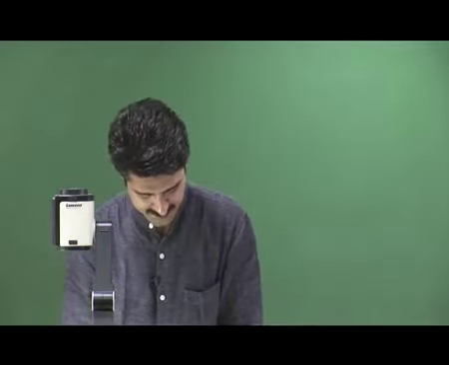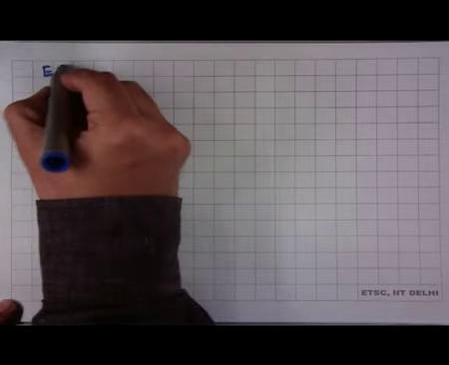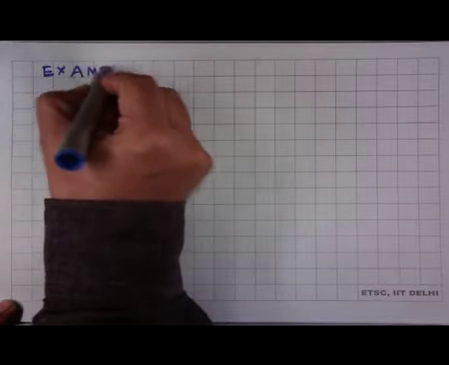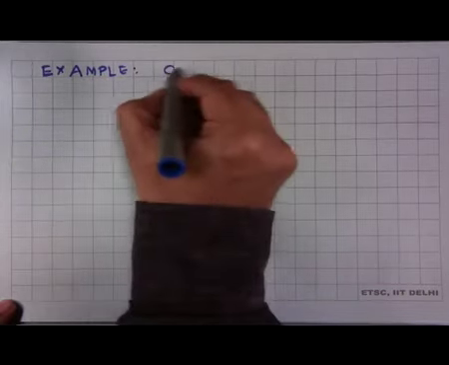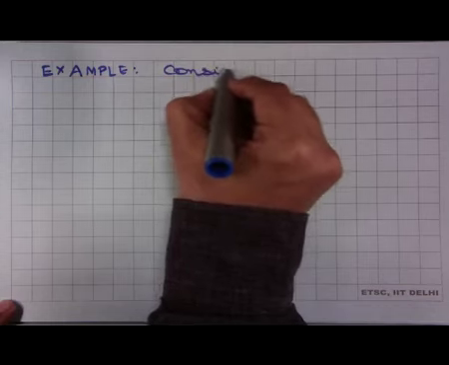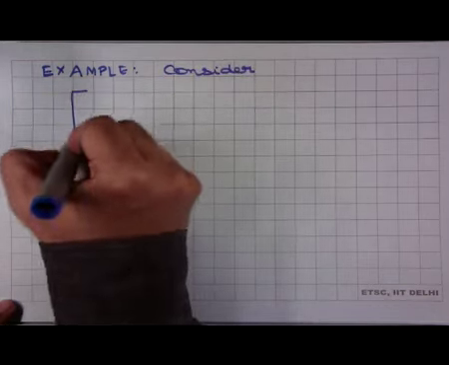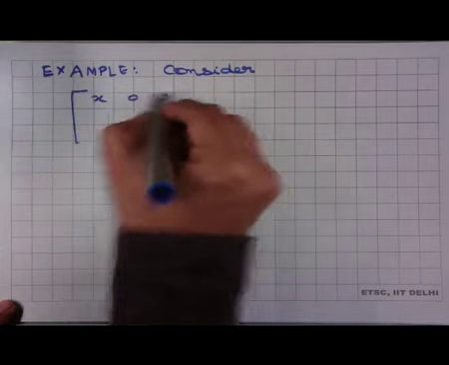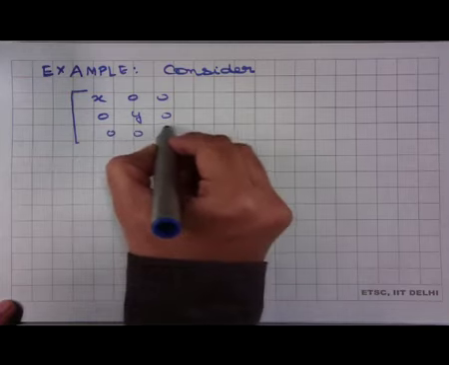So, one example is as follows. Let us look at a 3 by 3 matrix. Consider a matrix like x 0 0, 0 y 0, 0 0 z.